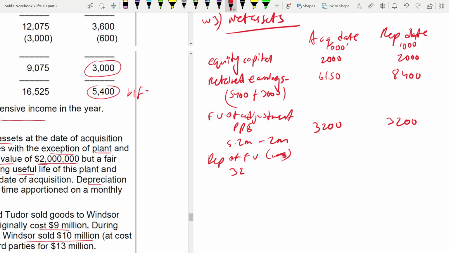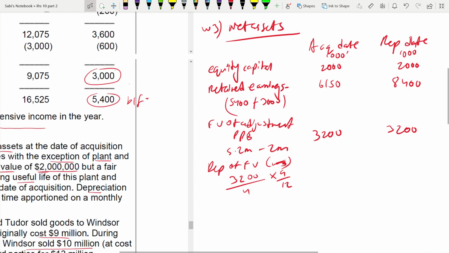But it's always better to put it in a small working if so many workings are there, rather than putting it there itself. But I will put it here for you. The useful life was 4 years. Into how many months? Only for 9 months you have to take, don't forget. You have to consolidate for 9 months. So when you do this, it will be 600,000. So at acquisition date, no depreciation.